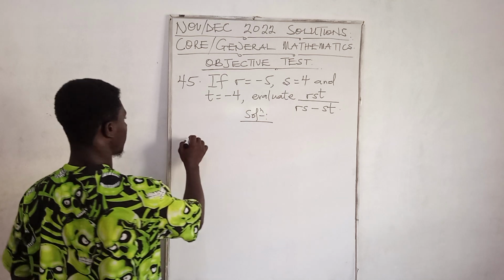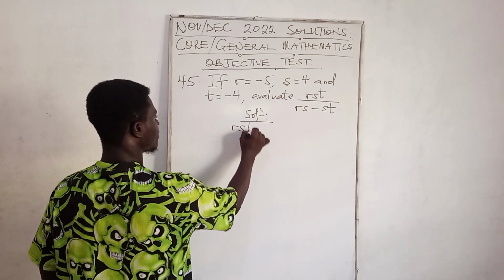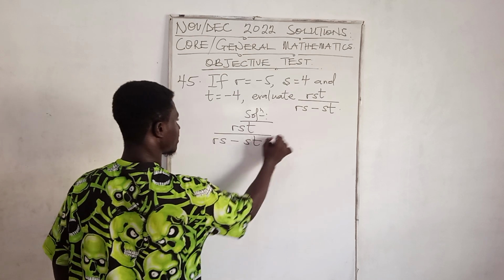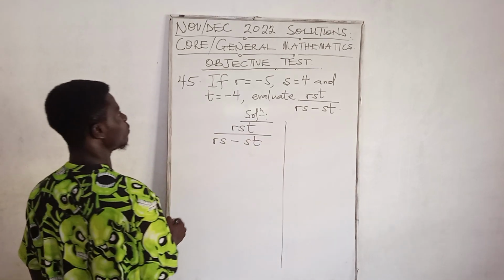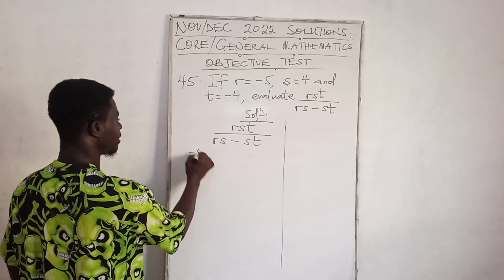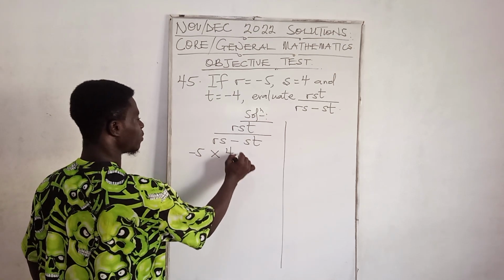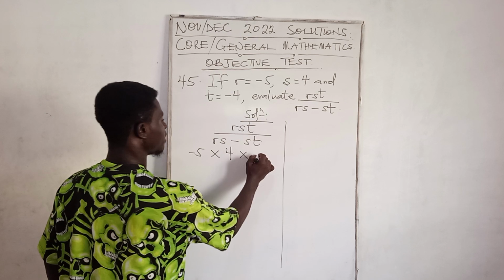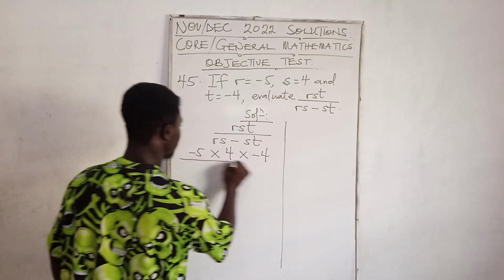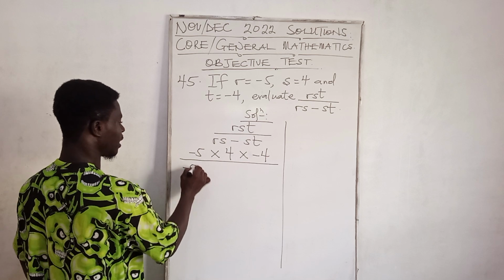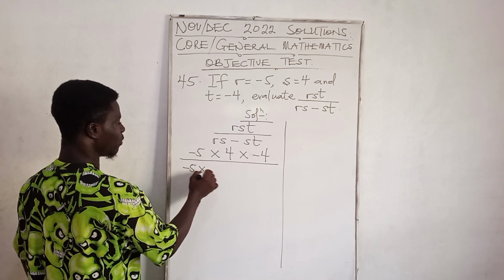So now, rst divided by rs minus st. That's simple substitution. r is negative 5 multiplied by s is 4 times t is negative 4, divided by r is negative 5 times s, they are multiplying.